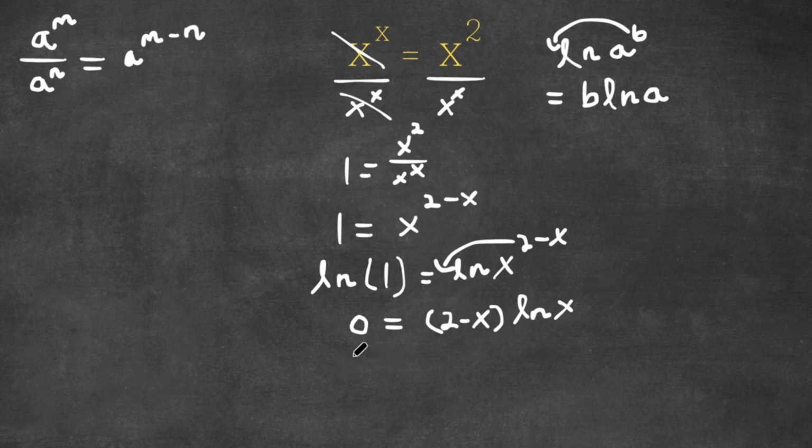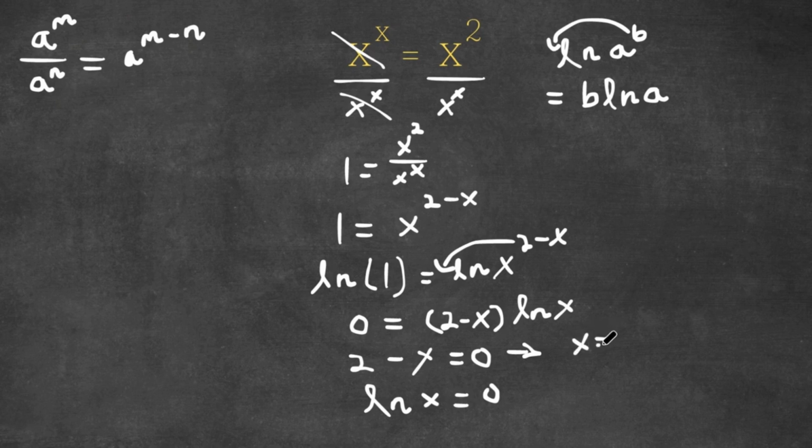Now this gives us two equations. We have 2 minus x is equal to 0, and we also have ln x is equal to 0. Now for 2 minus x is equal to 0, x is simply equal to 2. So that is one solution. And now for ln of x equals 0, we're going to take the power of e on both sides.